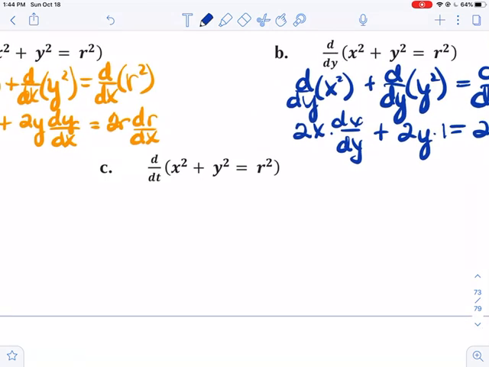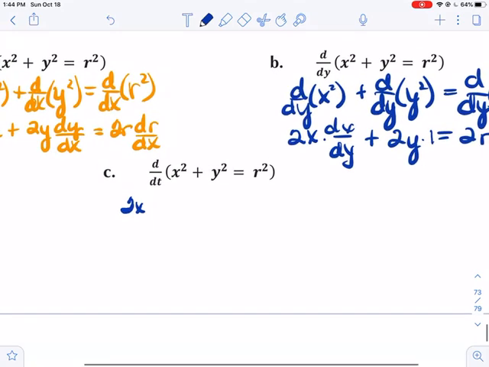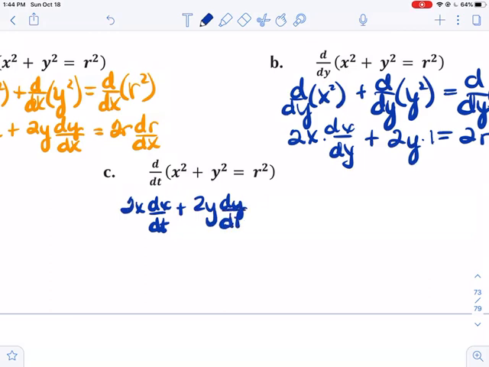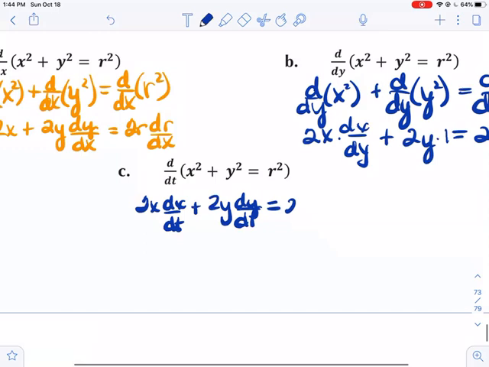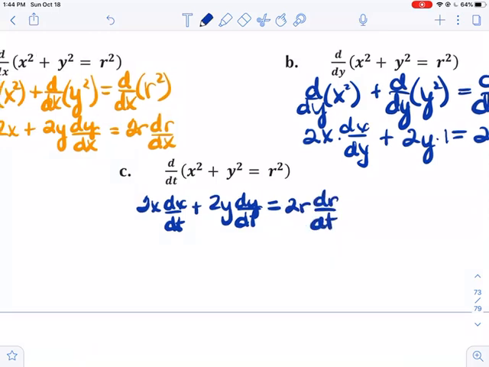Okay, then we're taking the derivative with respect to time, so we get 2x. I'm going to skip that middle step there. So I get 2x dx dt plus 2y dy dt equals, not a plus, 2r dr dt.